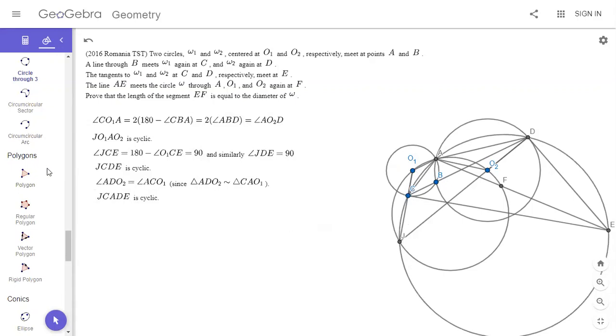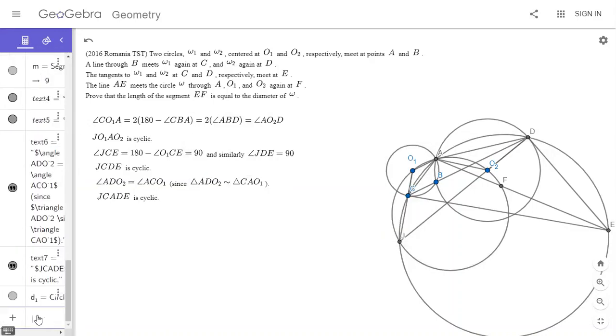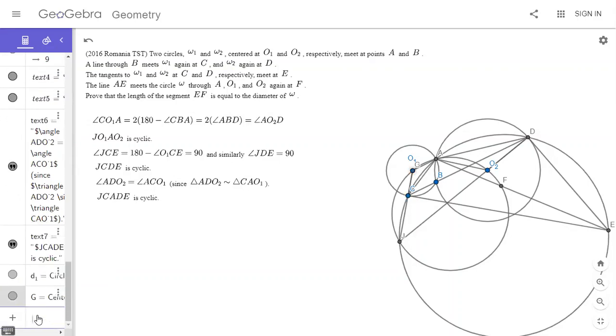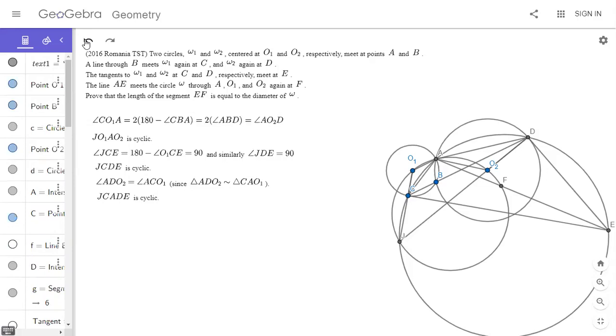Now I'm going to draw in the center of this circle. Let's see what it was named. That's circle C1. Okay.